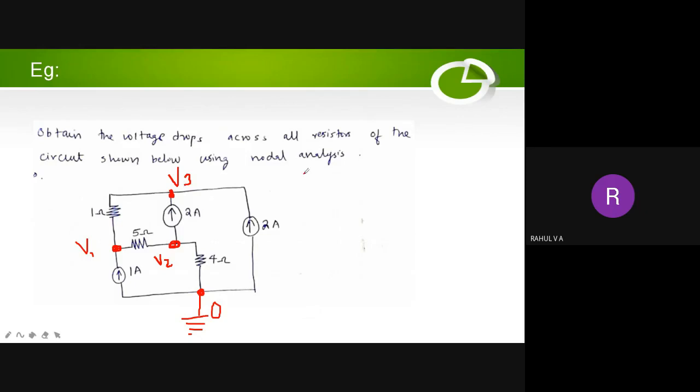Okay, now tell me how to write the equation for node 1. Safa, how to write the equation for node 1?